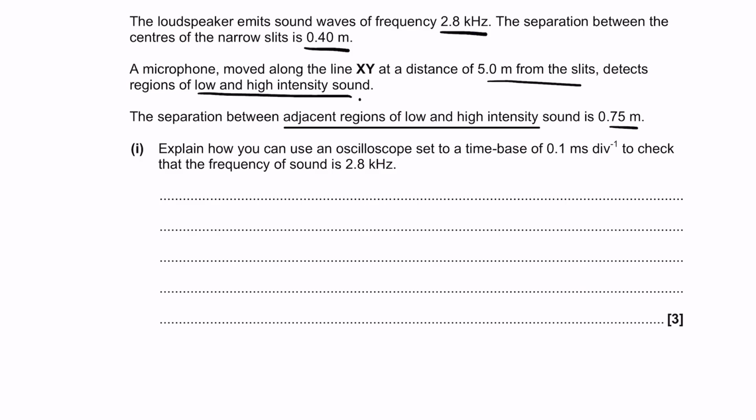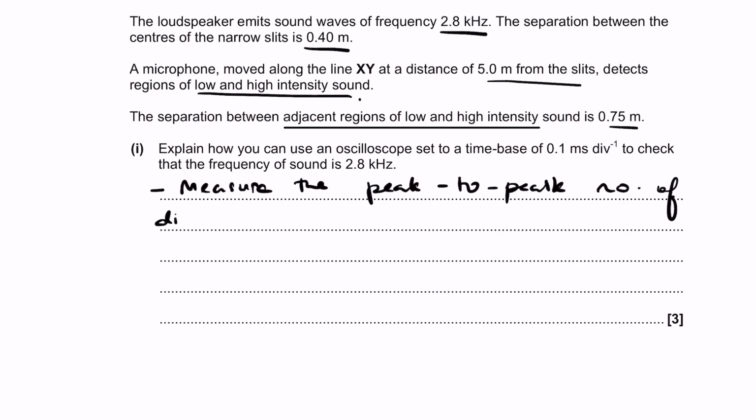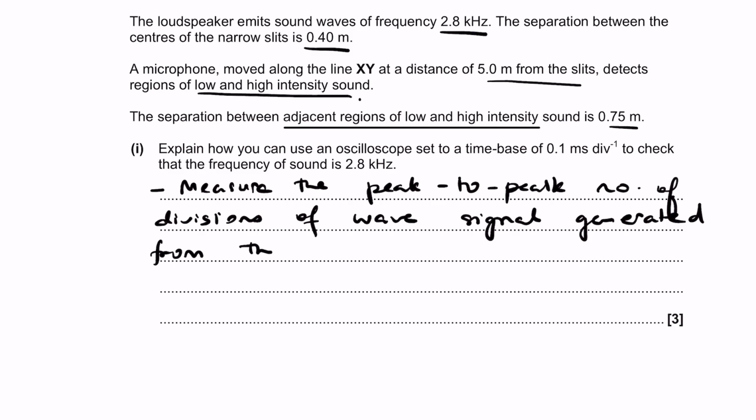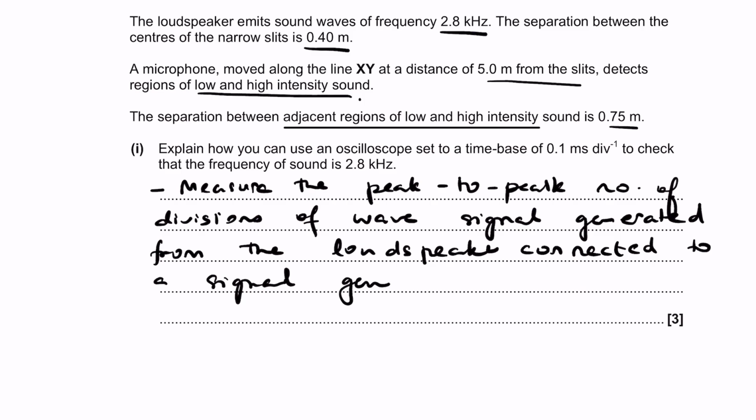So all you have to do is basically measure the peak to peak number of divisions of the wave signal generated from the loudspeaker, with the speaker connected to a signal generator and an oscilloscope.